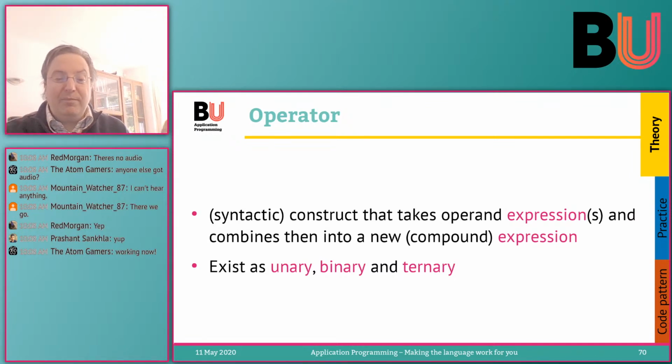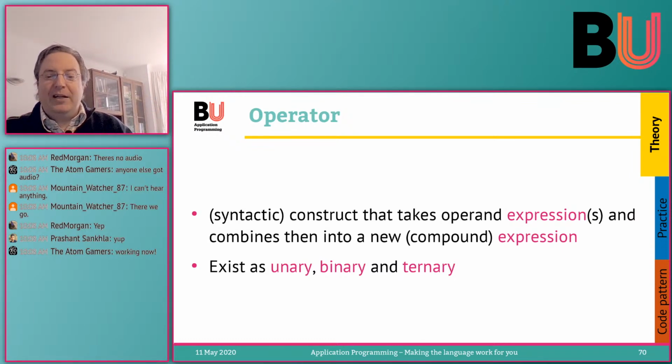But there are many more. Parentheses are effectively an operator. Not is an operator. In Java, there's something called a ternary operator, the question mark colon thing. Kotlin doesn't have that. It uses if-else expressions instead. The operator basically takes an operand, which is the thing that you're operating on, and combines that with, if it's not a unary expression, another operand expression.